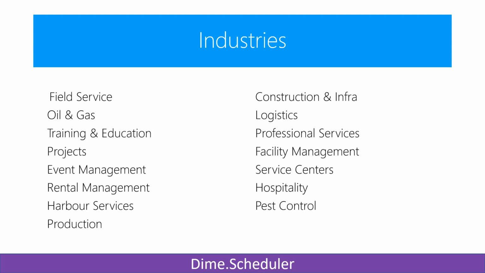We're seeing a lot more maritime, oil and gas, any project-based work, event management, basically any industry that has a lot of tasks and jobs that need to be scheduled and that may require attributes or skills or certification levels or geographic zones, which would be hard to plan just from a spreadsheet or just from a list of lines in your ERP.